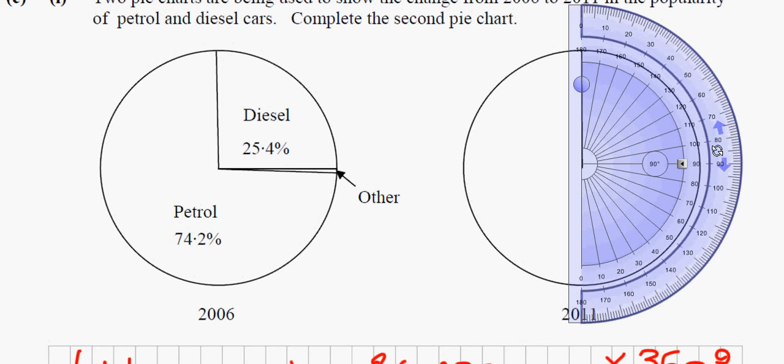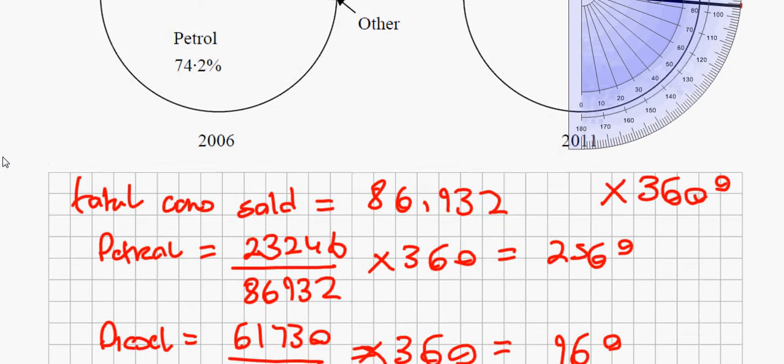Well, actually I'm going to measure it just using the old-fashioned way. Here's 91, 92, 93, 94, 95, 96 is around here. So if I was to draw a line going from here to here, this here would be 96 degrees. Okay, so I'm in business. That's my 96 degrees.